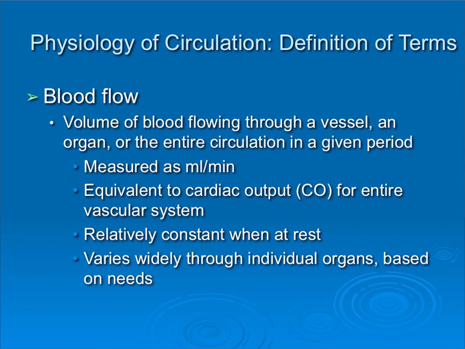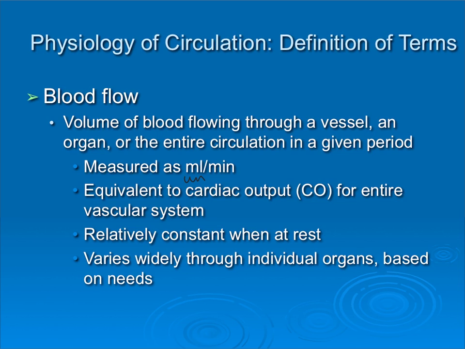Blood flow refers to the amount, or volume, of blood that can go through a vessel and organ, or you can talk about the entire circulation in any given period of time. So we measure that, again, in milliliters per minute. So that's the same measurement that we use for cardiac output.